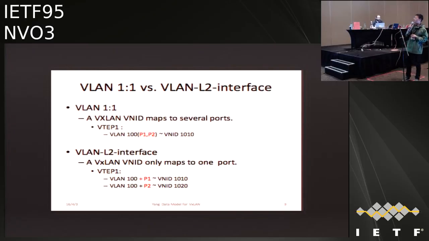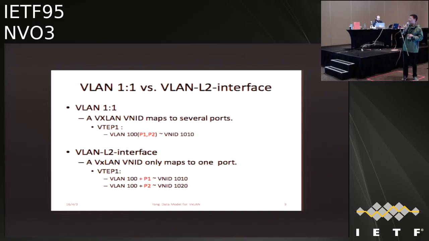And next is the difference of VLAN 1 corner 1 and VLAN L2 interface. For VLAN 1 corner 1, the VN ID can be mapped to several ports. We can say port 1 and port 2 belong to VLAN 100, so this VLAN 100 maps to VN ID 1010. But for VLAN L2 interface, the VXLAN VN ID only maps to one port.